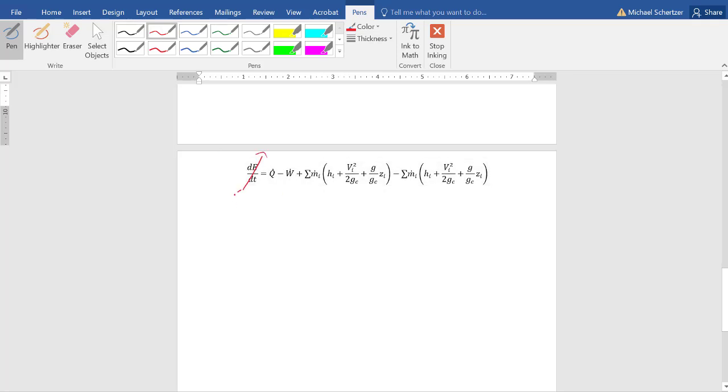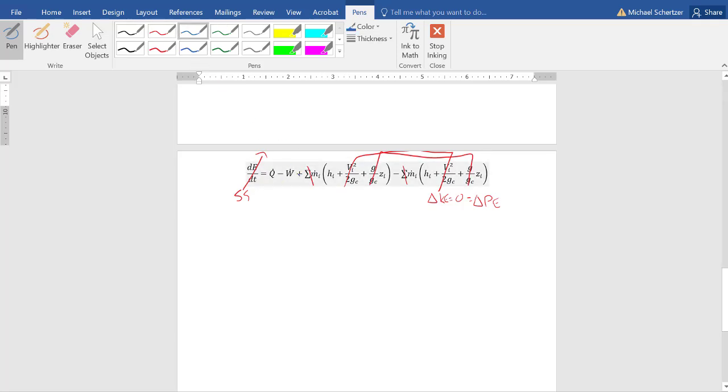For all of our components, we'll say they're at steady state and that there's no change. So delta KE is equal to 0, which is equal to delta PE. I'm also going to cancel this out. For all of our components, there's just one inlet and one outlet.